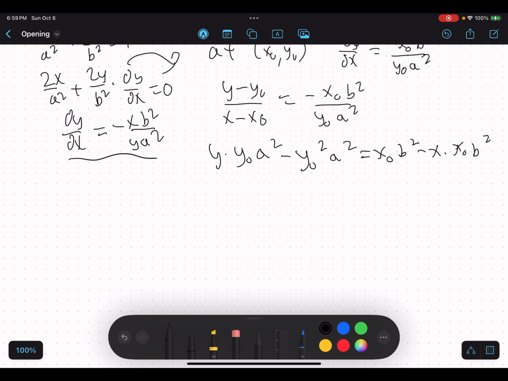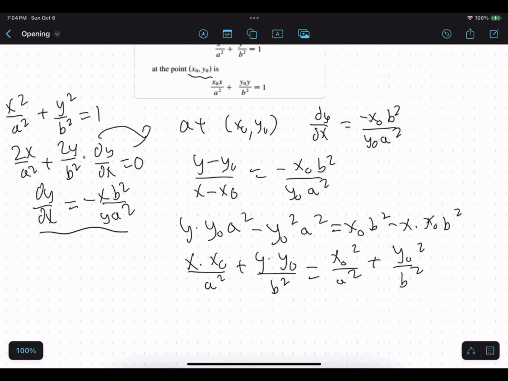alright, and by rearranging the terms a little bit and making all the common denominators a squared and b squared, you should get, hold on, x times, alright, so now we have this, right?